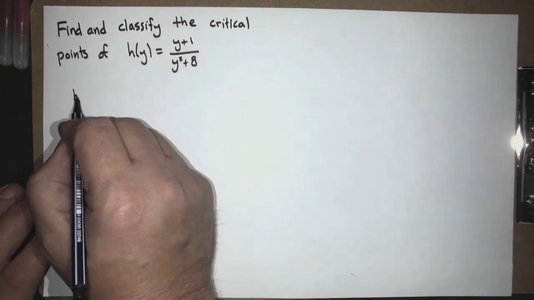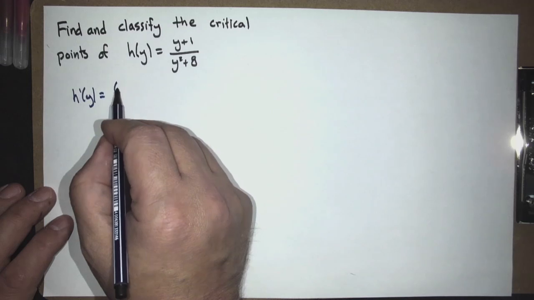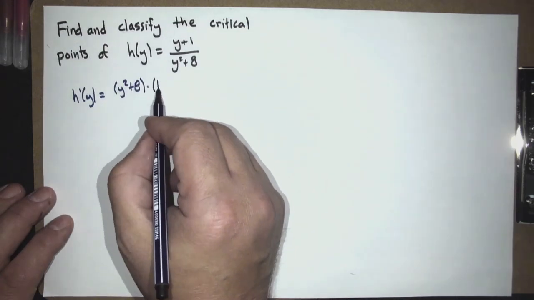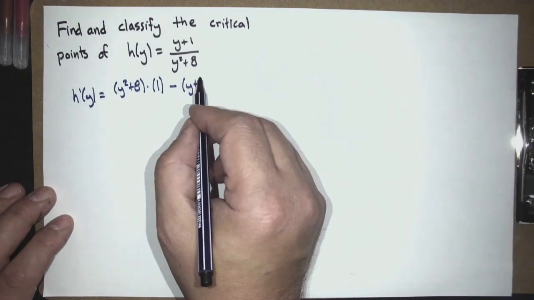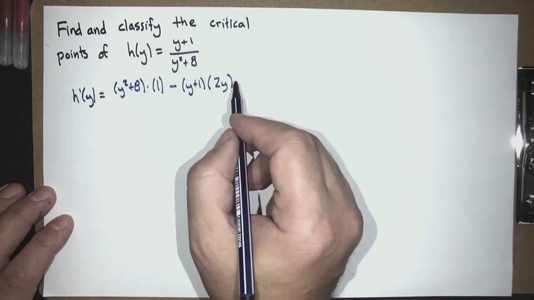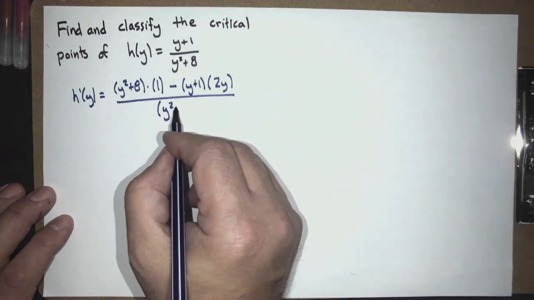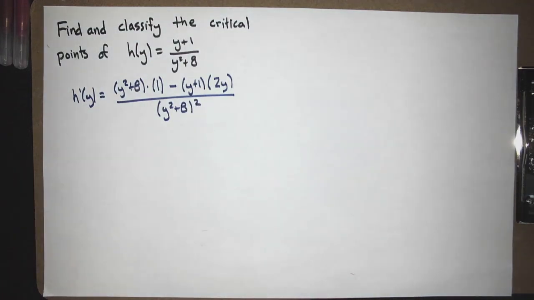Quotient rule. Okay, so the bottom times the derivative of the top, so y squared plus 8 times 1, minus the top, y plus 1, times the derivative of the bottom, 2y, all over the bottom term squared. So, quotient rule.